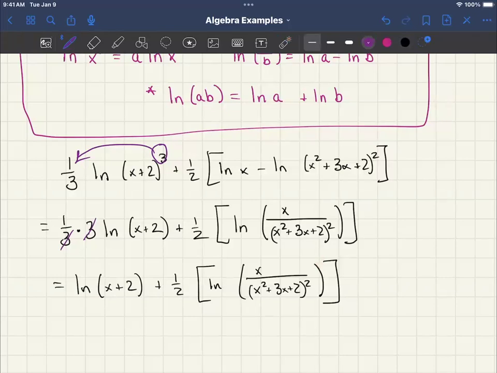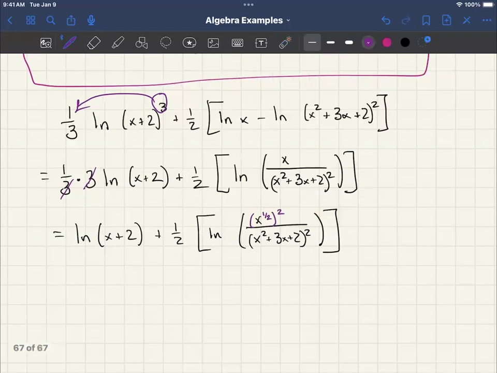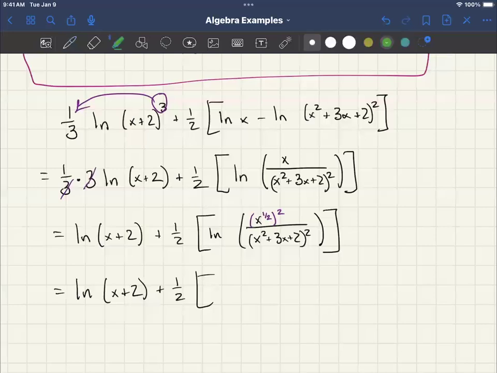What we're going to do is we are going to remember that if we take something to the 1/2 and then we square it, we really haven't changed anything. So we're going to take that x on the top, take the square root, and then square it. What that's going to allow us to do here is now you'll notice we've got a squared right here and a squared right there.